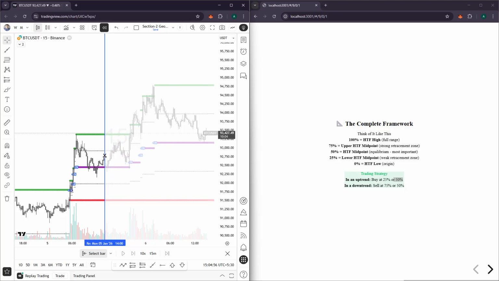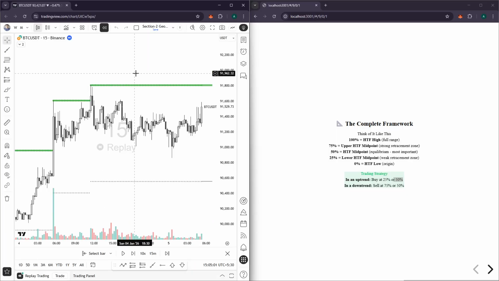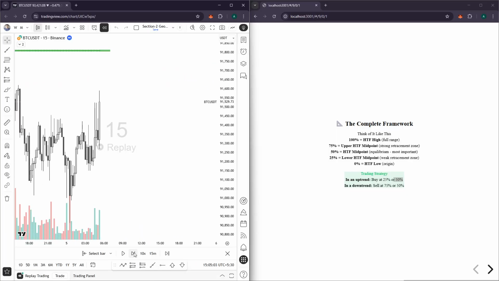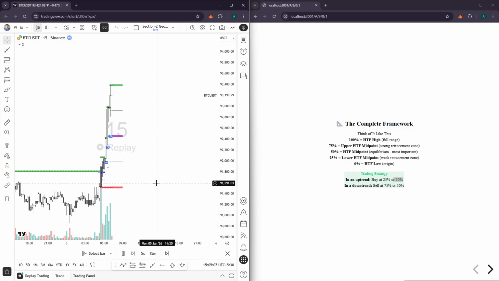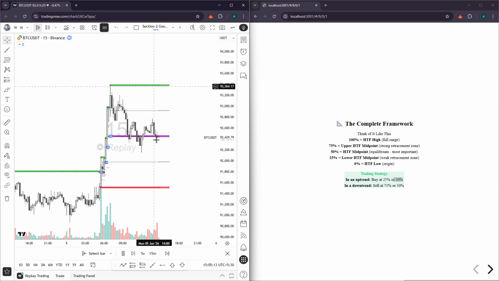Let's do it from the start of the week, and I'll run it at 5x. You can see as we are going up, it's uptrending, and as soon as it comes to the midpoint, it tries to go back up. And hang on, I'll add the wave indicator so that we can see it clearly.